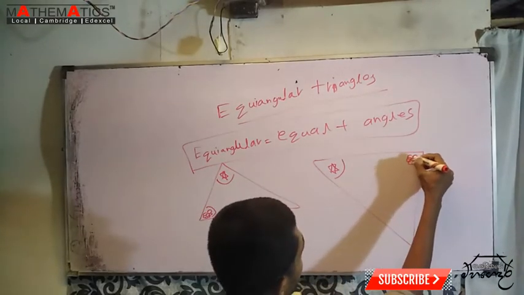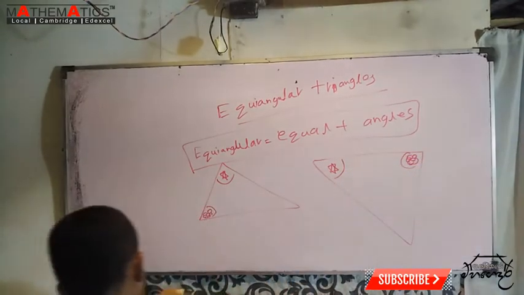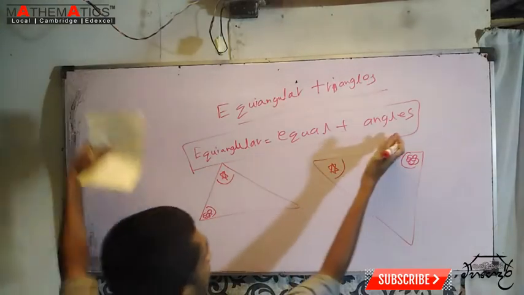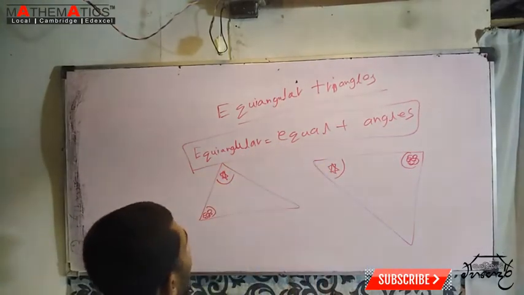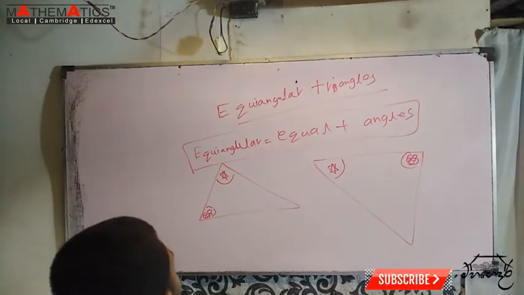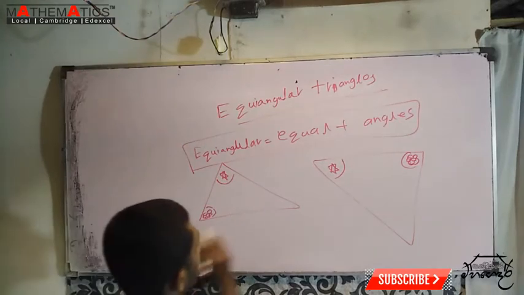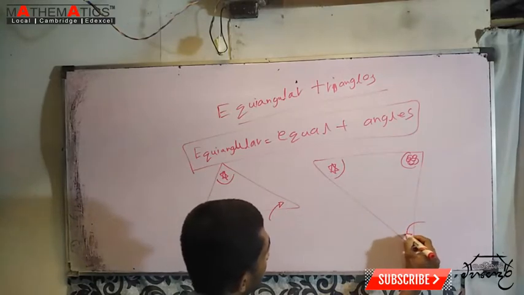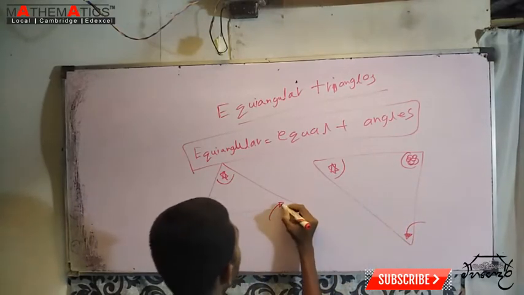I will define it using a power. If both of these triangles are equiangular, meaning they already have equal angles, then if two angles are equal, the remaining angles should also be equal. What is the reason? I will explain.